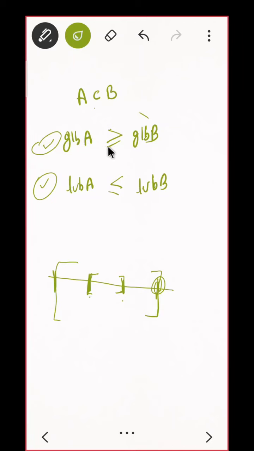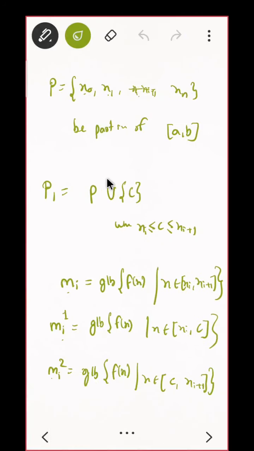With the help of this, I think you can prove that. You can get the relation between mi and mi1, mi and mi2. What is the relation? Which one is bigger, mi or mi1?